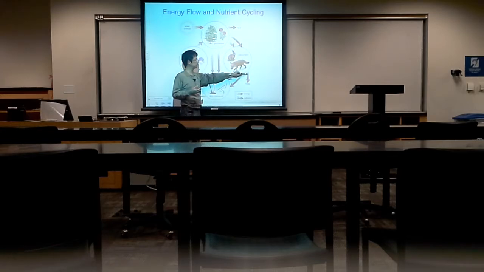Similarly, consumers also have energy loss as heat, meaning that when the herbivore eats the producer, it gets the energy, but it also has some heat loss. So when the carnivore eats the herbivore, you will collect less energy because some of the energy is already lost to heat.